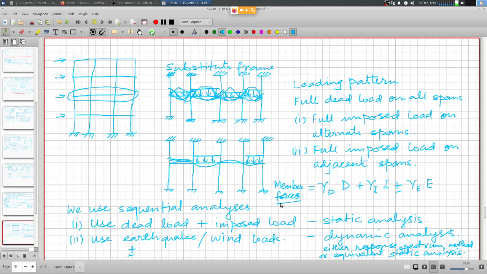Right, these are the member forces for which you need to provide adequate capacities. So rather than member forces, I would rather say the demand.